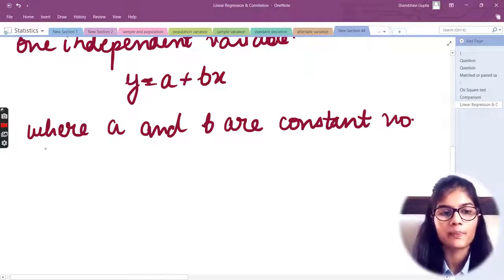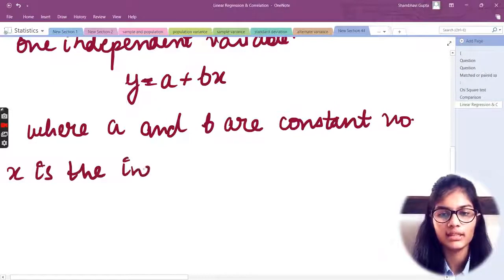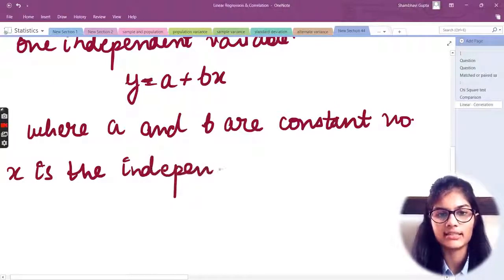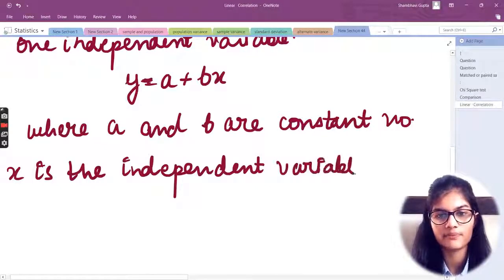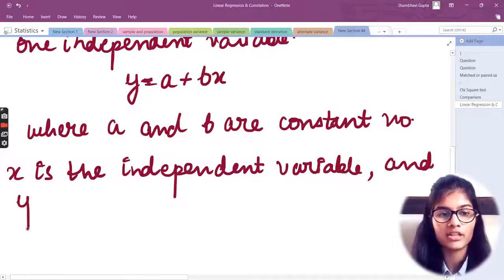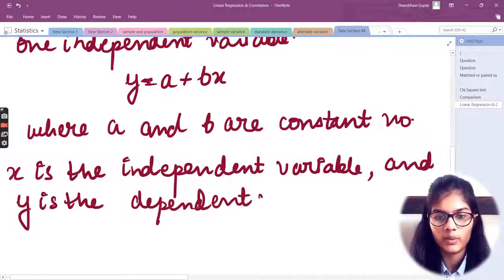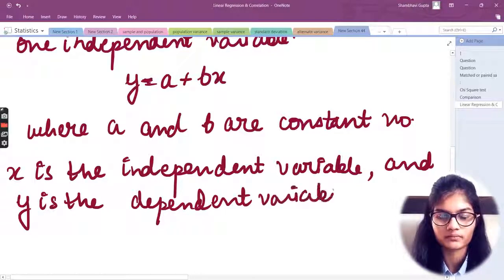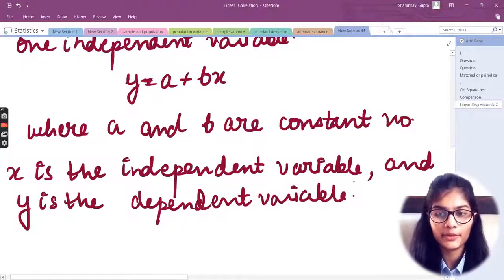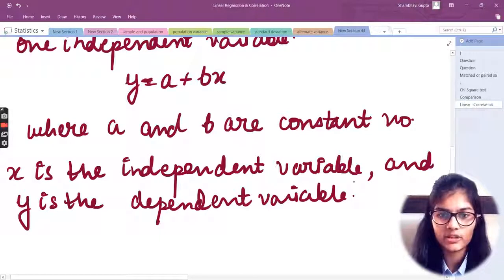Okay, now I could mention out here that x is the independent variable, and y is the dependent variable, right?